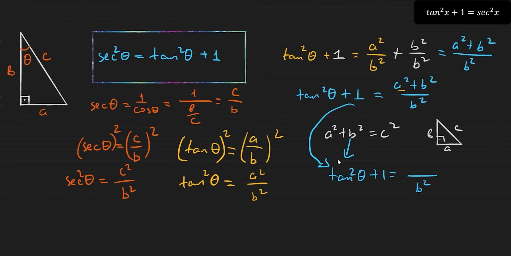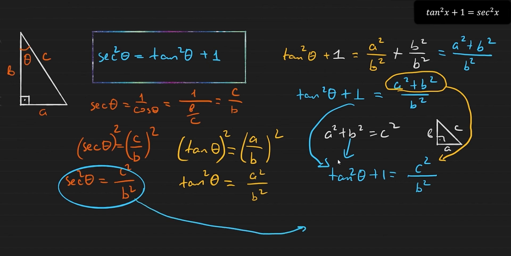So we can rewrite this as C squared. And since C squared over B squared is secant theta squared, we can say that tangent theta squared plus 1 equals secant theta squared.